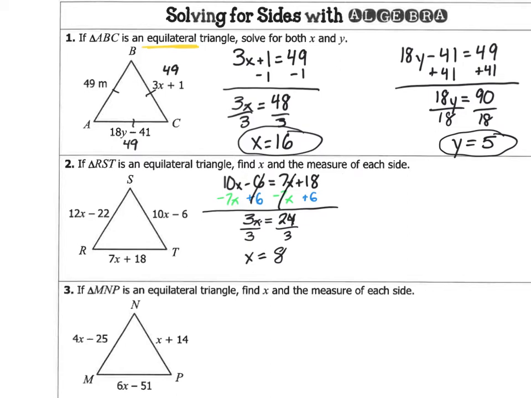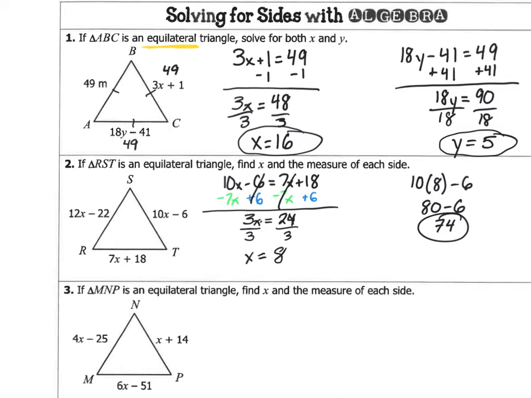Okay. Then it says find the measure of each side. So we can just plug it into one of the equations, and because it's equilateral, we can find each side. Good. So each side will be 74.